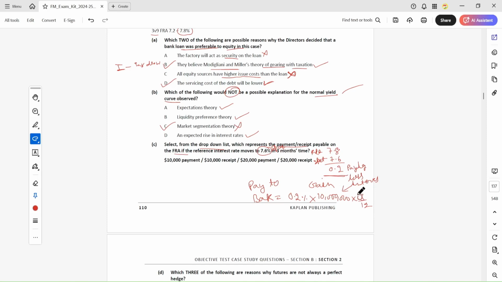We will borrow for 6 months, not 3. So 0.2% multiplied by 6 divided by 12 multiplied by 10 million gives $10,000. We have to pay $10,000. So this one is the right answer.